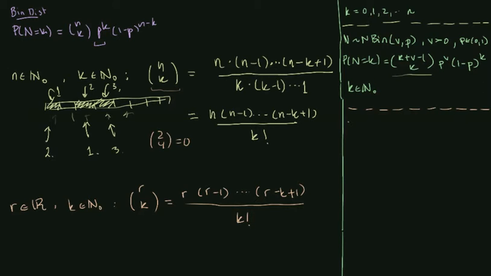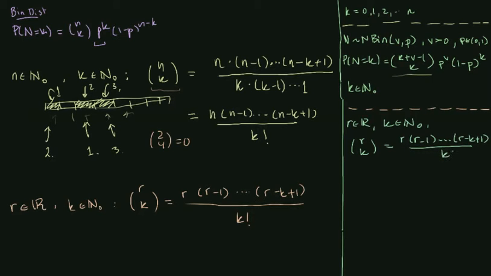R is real and k is a non-negative integer, then r choose k is equal to r multiplied by r minus 1, and so on, until r minus k plus 1.